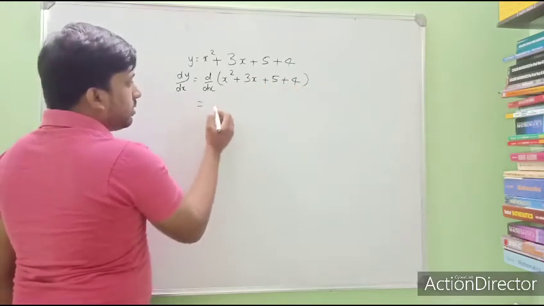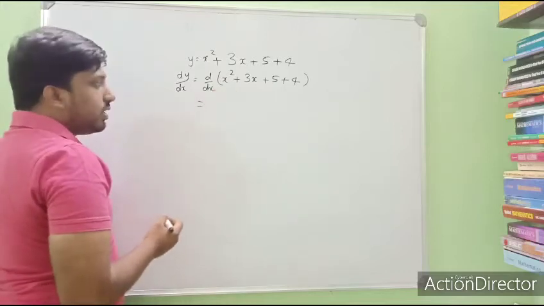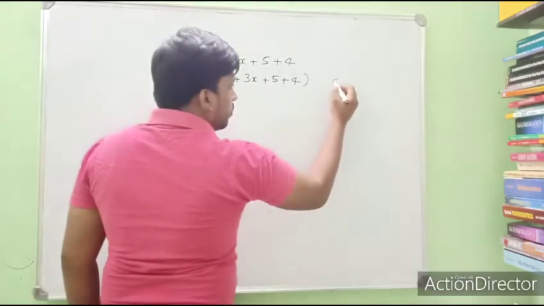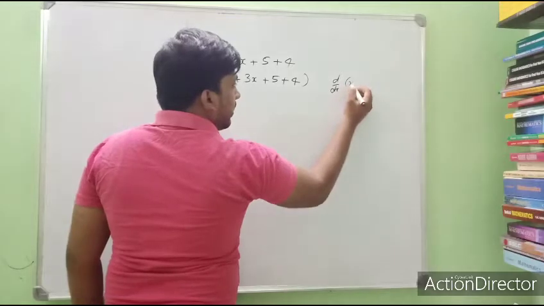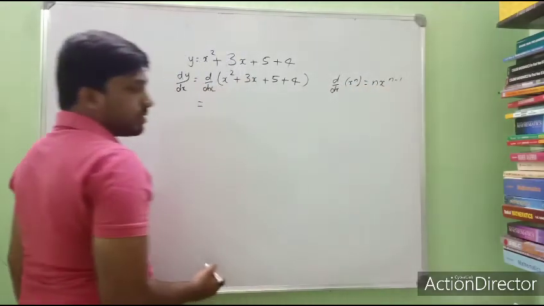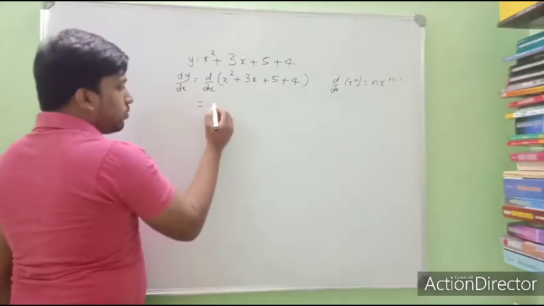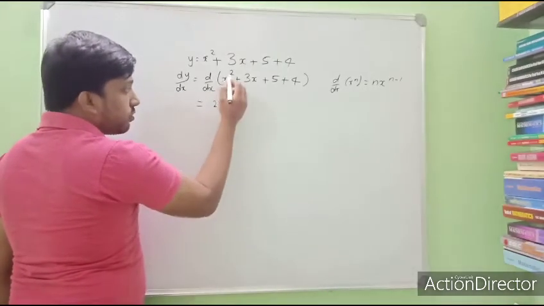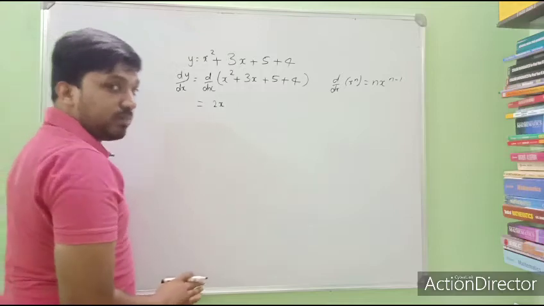So we differentiate x to the power of n: d by dx of x to the power of n is n x to the power of n minus 1. I'm going to apply here, so we'll be getting 2x to the power of 2 minus 1, that is going to become 1.